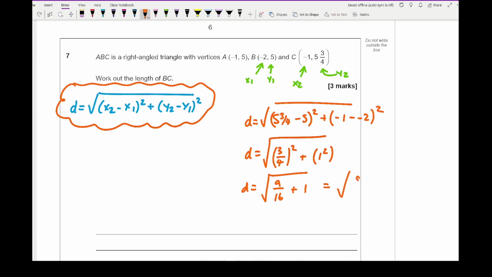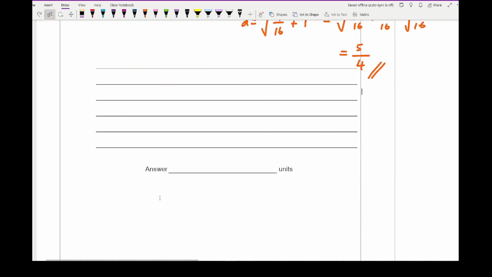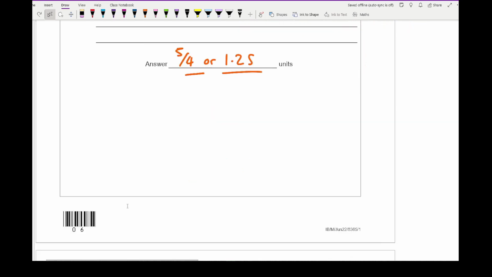So that's going to be 9/16 plus 16/16, which gives me an answer of 25/16. And the square root of 25 is 5, the square root of 16 is 4. So the distance BC is 5/4. Now you can write that either as a fraction or as a decimal, so you can write it as 1.25, whichever floats your boat.